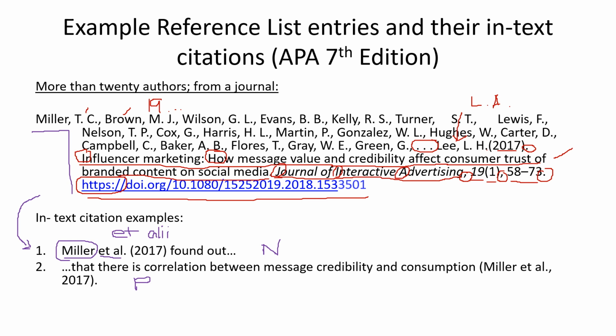Now, the period should be right after the small l because it's the word alii which is abbreviated. The period should not be after the et, it should be after the al.